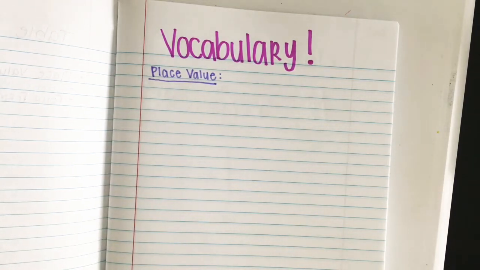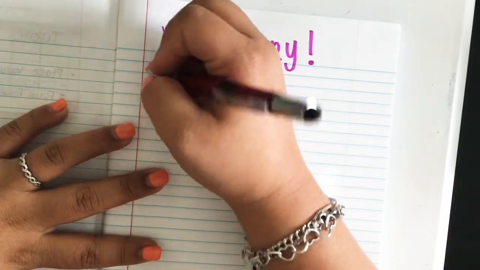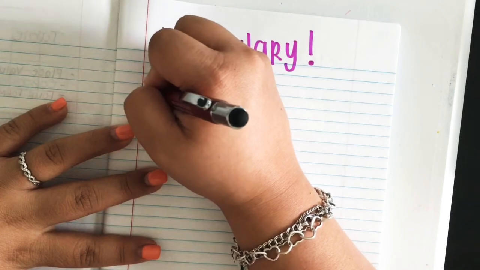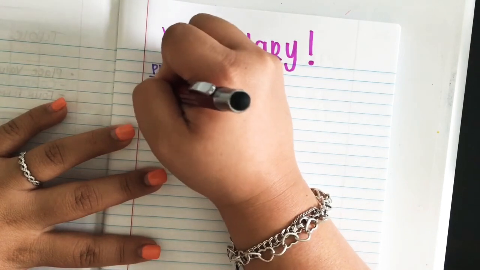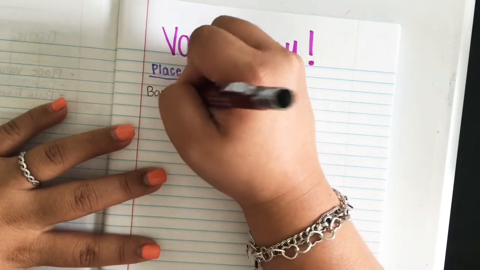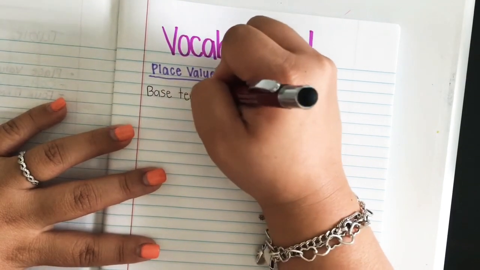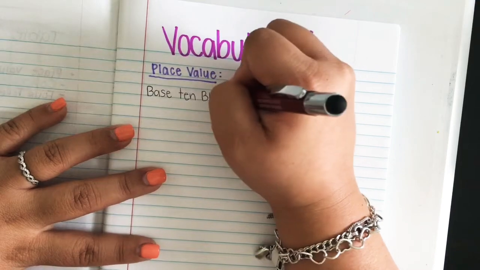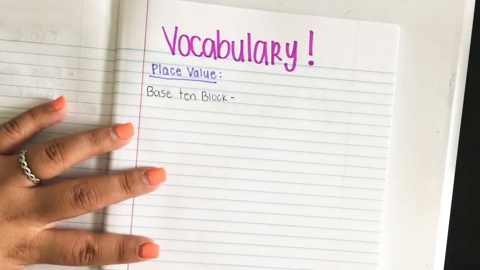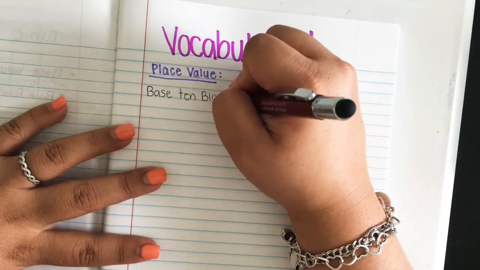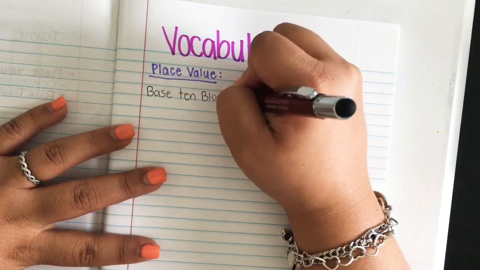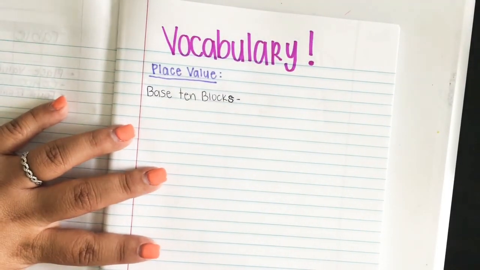So starting off from last week, one of the first things we learned were our base 10 blocks. So I'm actually right here going to write base 10 blocks. And I'm going to put a little dash. Oh, base 10 blocks. Whoops. I'm going to put a little dash there.